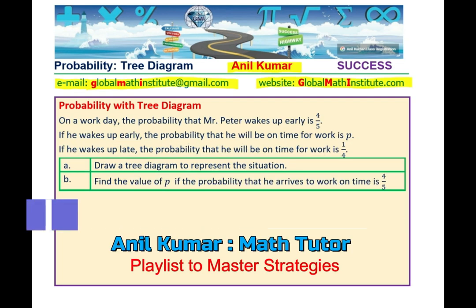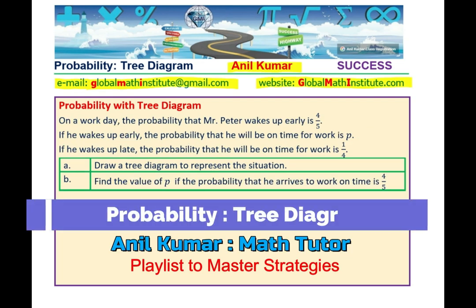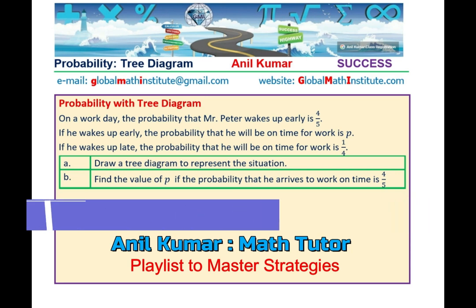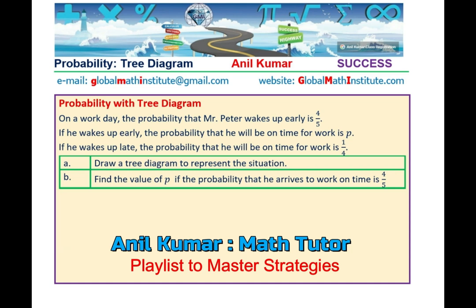Let us now understand how we solve probability-based questions using the application of tree diagrams. Here is a very interesting question for you. On a work day, the probability that Mr. Peter wakes up early is 4 by 5.